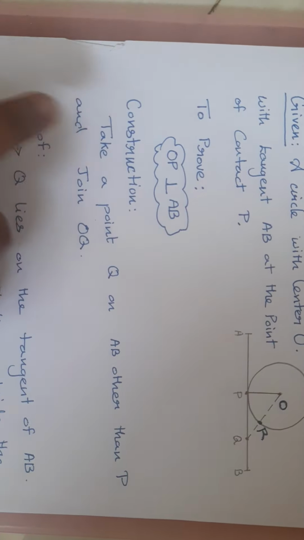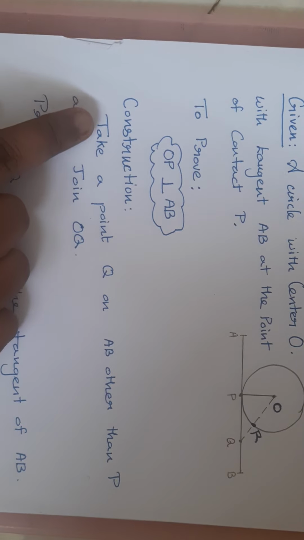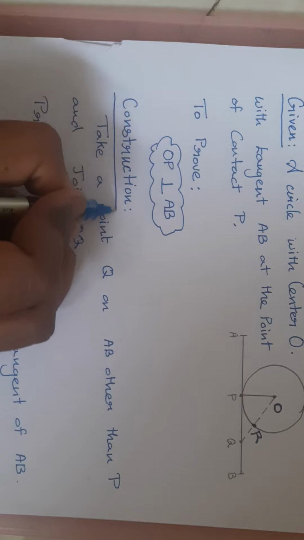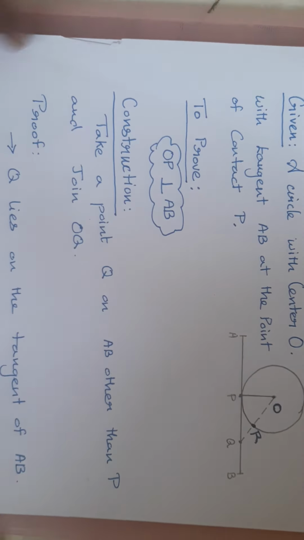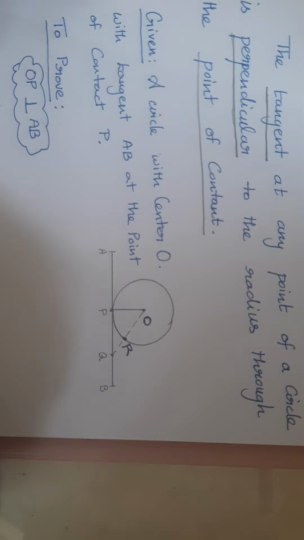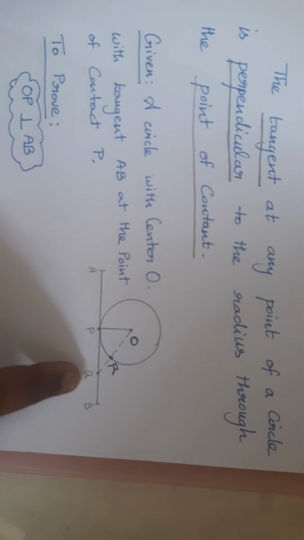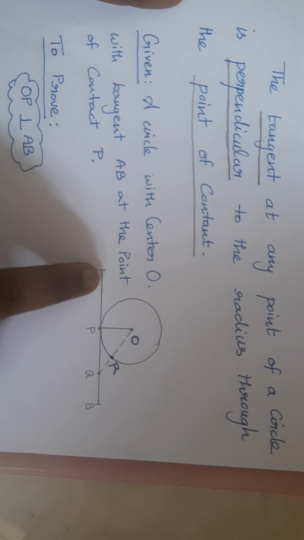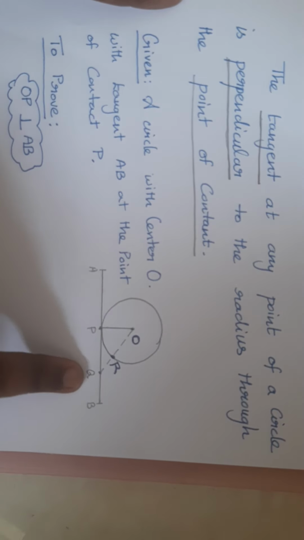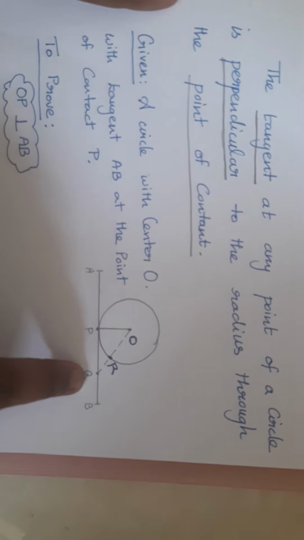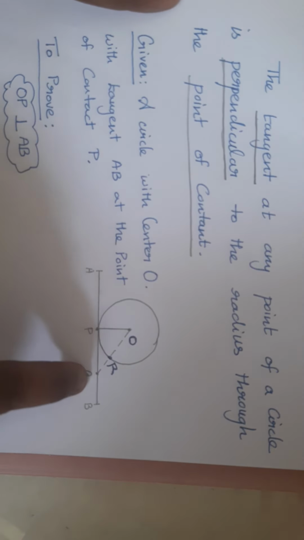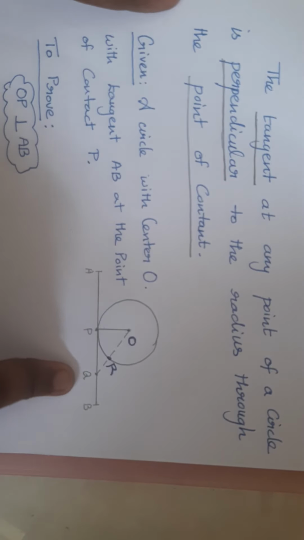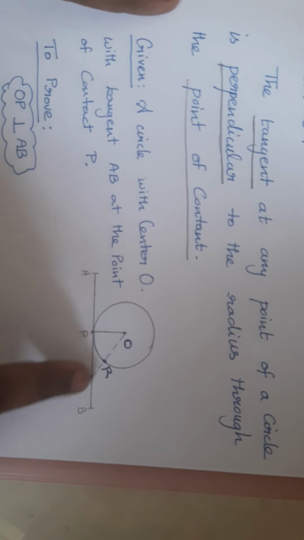If you are going to prove it, you need construction. How to construct? Take another point on the same tangent, anywhere, and take the point as Q. Then join OQ.